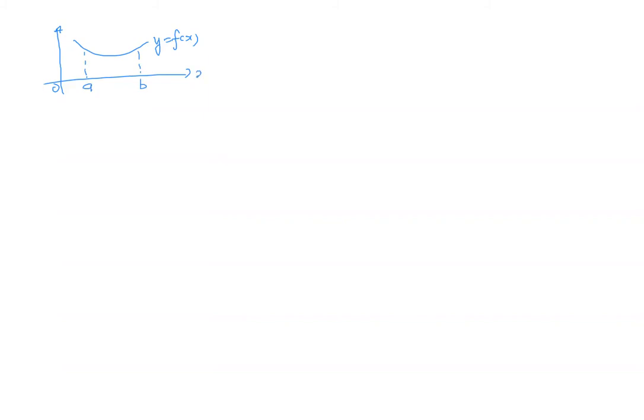So this is x, this is y. If I use a definite integral from a to b of f(x) dx, what does this definite integral represent? Area under the curve from point A to point B.